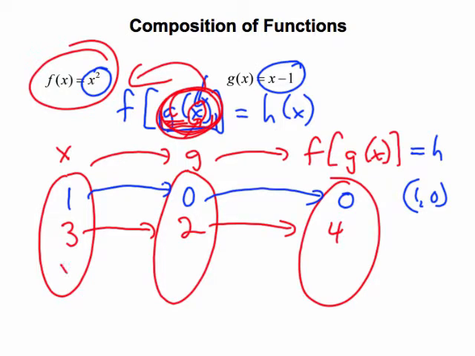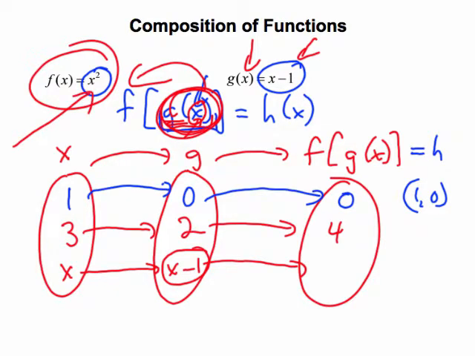Let's do this in general. Let's take a value x, and apply g to it. When I take x and apply g, I get x minus 1. Now I want to take x minus 1 and apply f to it, which means I want to plug it into x here to get (x minus 1) squared.